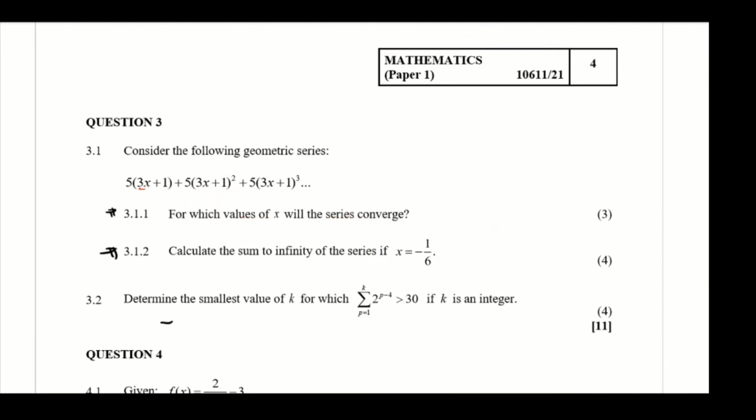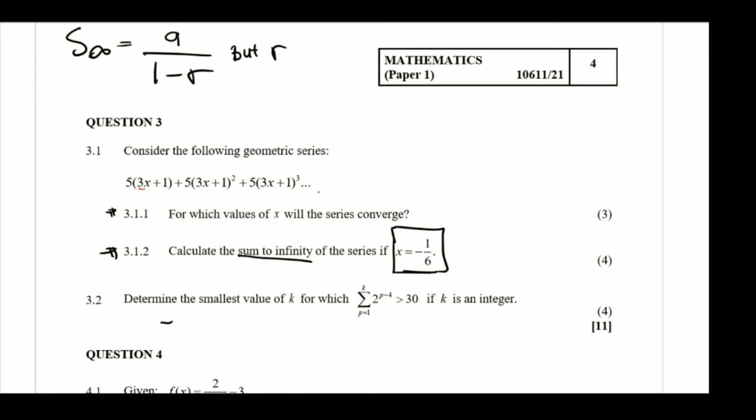So now 3.1.2, we want to calculate the sum to infinity of the series if x is equal to -1 over 6. So we want to find the sum to infinity. We know the sum to infinity equation. It's a over 1 minus r, right? But we know our r. Our r that we found in 3.1.1 is 3x + 1.